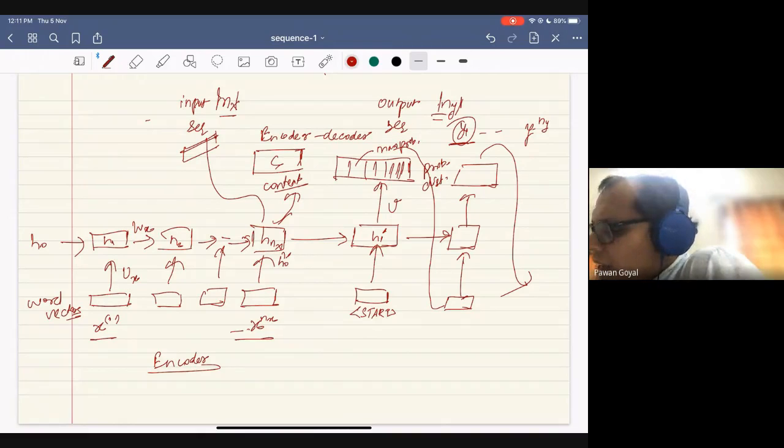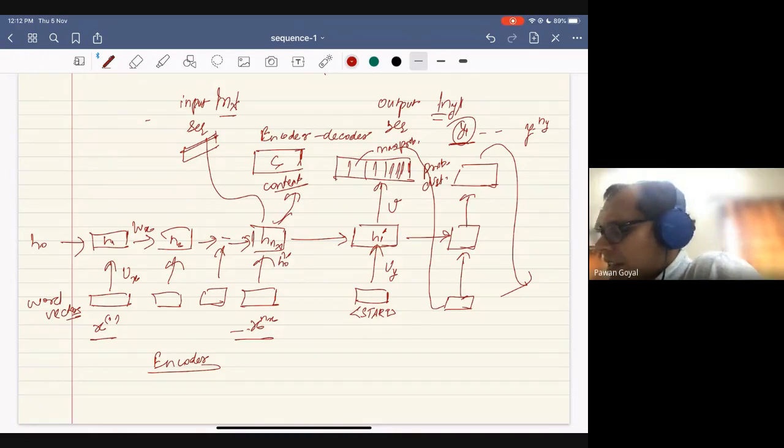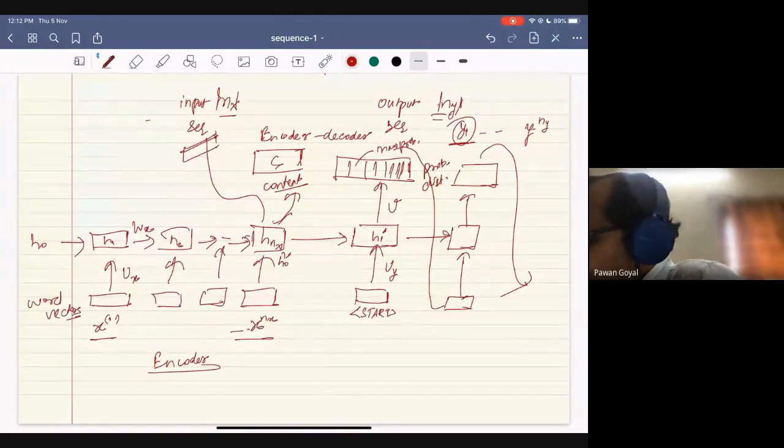What else? You have this input to hidden again, and that may be a different matrix altogether. So let's say this is my UY. Even the hidden state dimensions that you're using here can be different. But let's not worry about that. Let's say they are the same. So VY, and you have this WY.